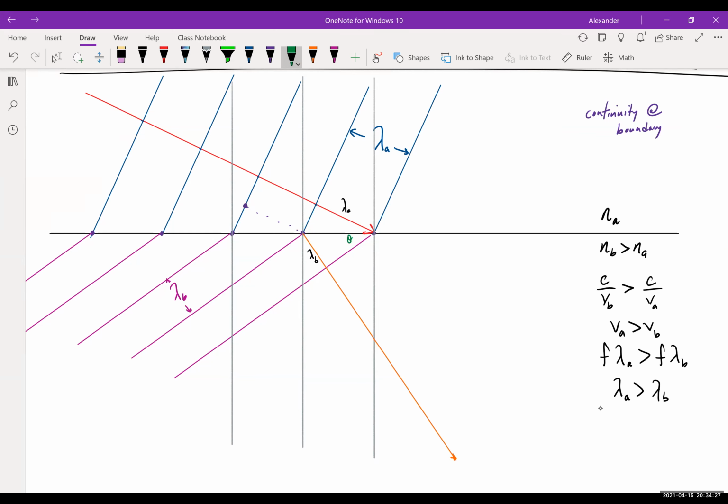I'm going to call it theta B. And I'd like to call this angle theta A. These are both right triangles because the ray is perpendicular to the wavefront. And this bit along the boundary of the medium is common to both. It's the hypotenuse of both triangles.